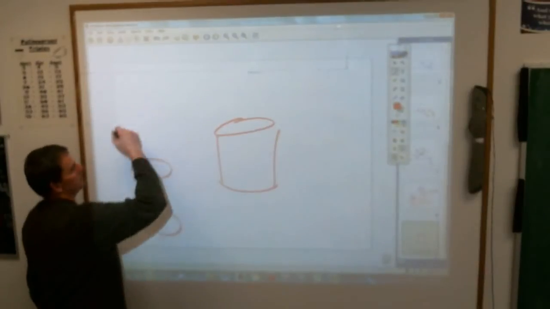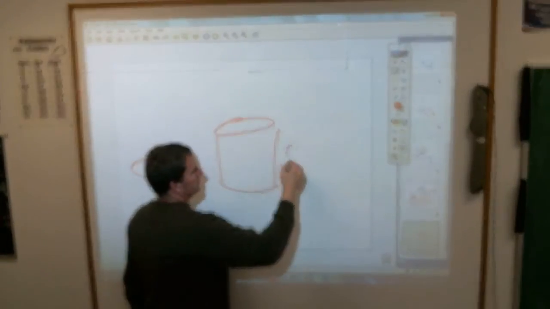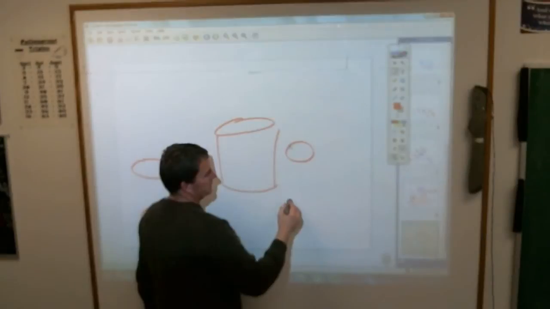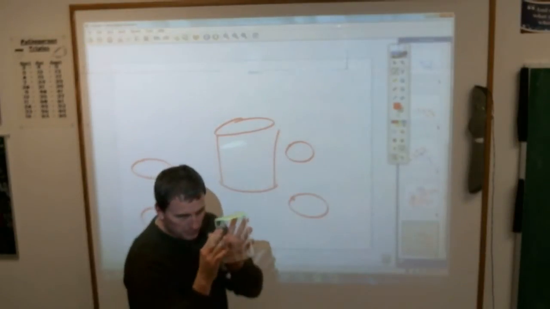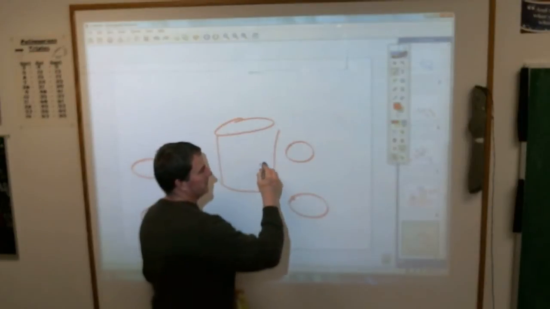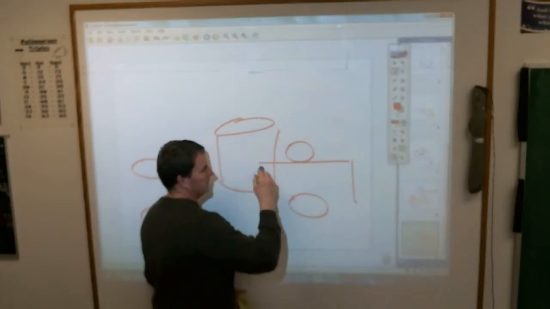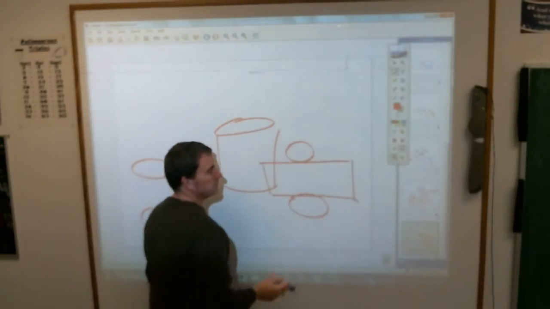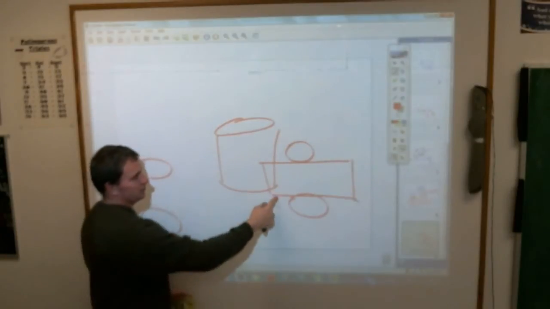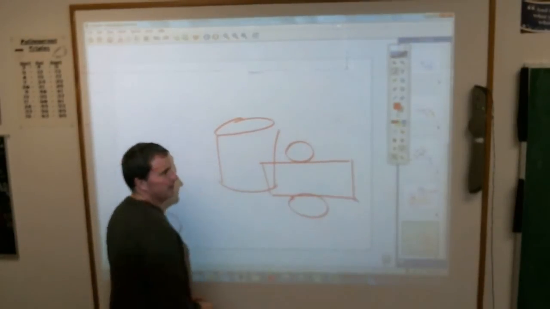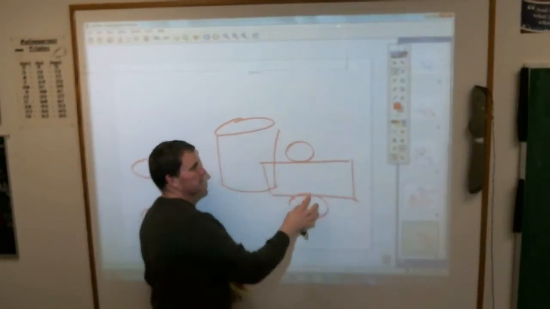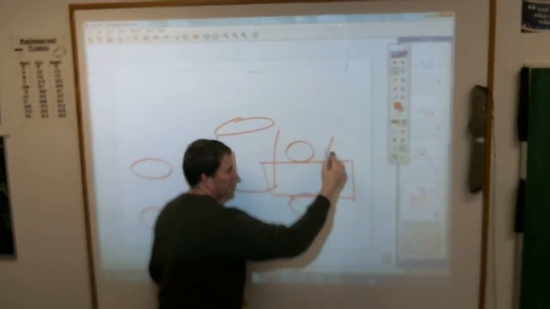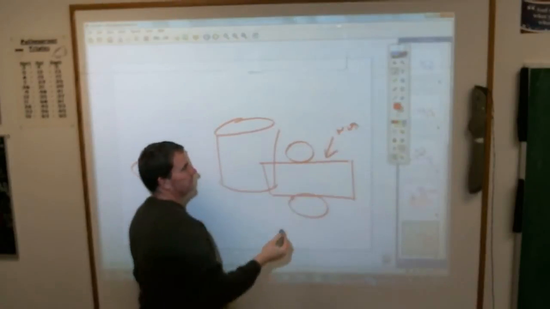A circle and a circle, and then what is the side of this cylinder going to look like? It's nothing more than a rectangle. And it wouldn't matter where you put the circles on that rectangle. This is the label of the can, and this is the top circle and the bottom circle. This is the net of a cylinder.